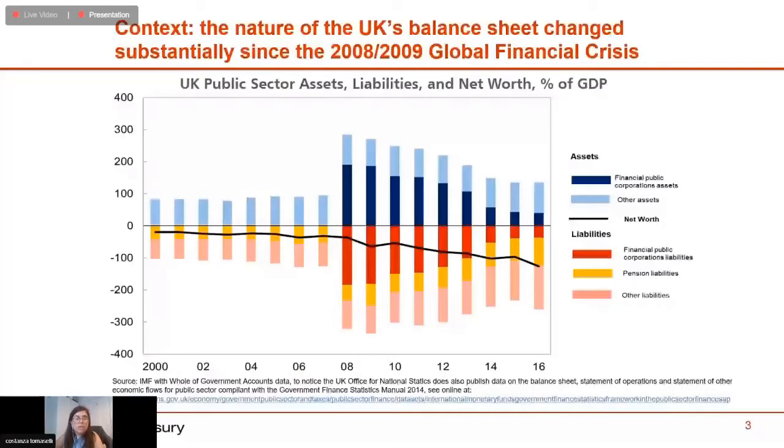What we see from 2007 till now is that we really put a lot of effort into selling back those assets and liabilities that we acquired from the financial sector after the financial crisis. While that has had some impact in slightly reducing the balance sheet, we've seen that our net worth has actually decreased.